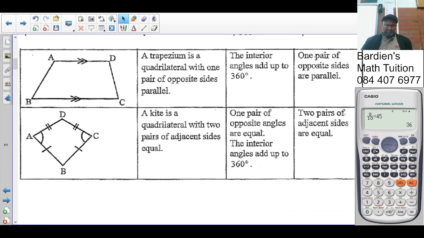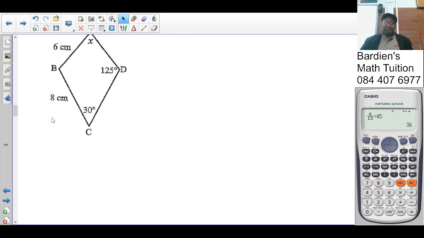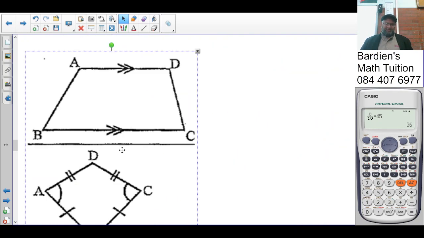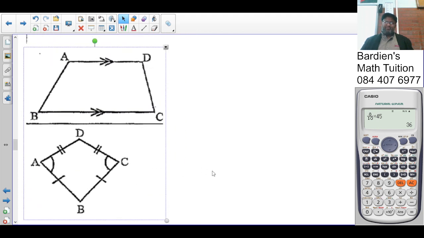Please go learn it and test yourselves over the weekend to ensure that you understand what to write down if this question comes in. It comes in often because it will help a lot with the grade 9 geometry as well, which is to come.